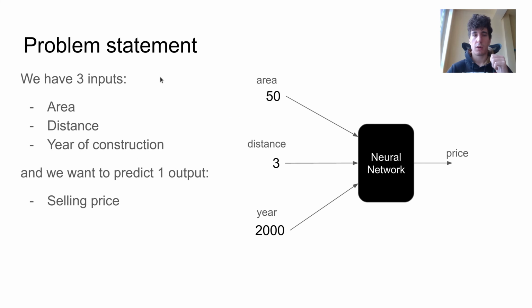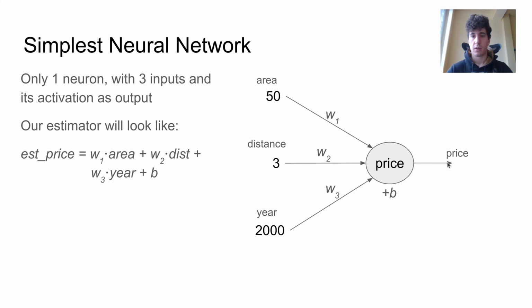Now, back to our problem, we have area, distance, and year of construction, and we want to estimate the price. In the first example, we will use only one neuron to achieve this. So we will have weight 1 times area plus weight 2 times distance plus weight 3 times year plus b.